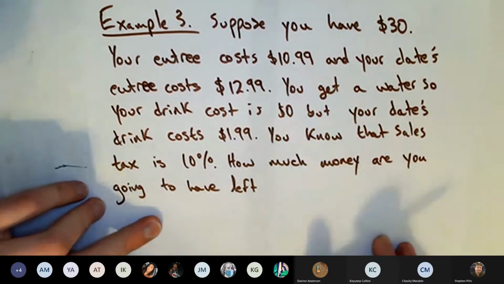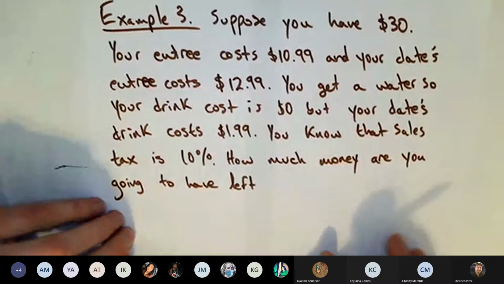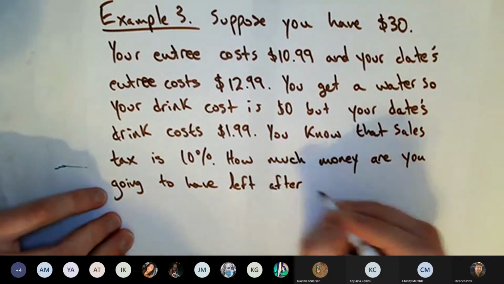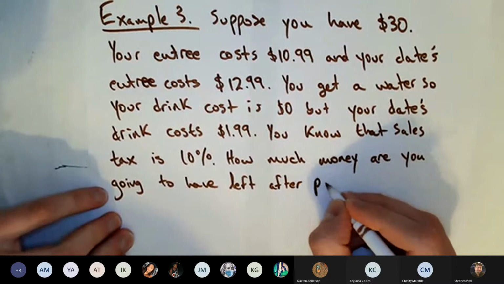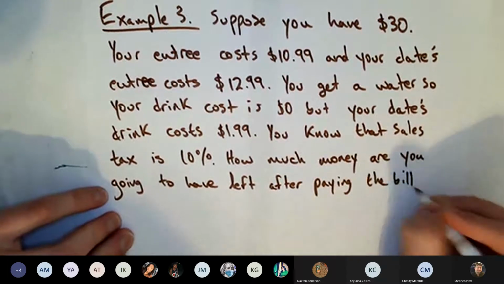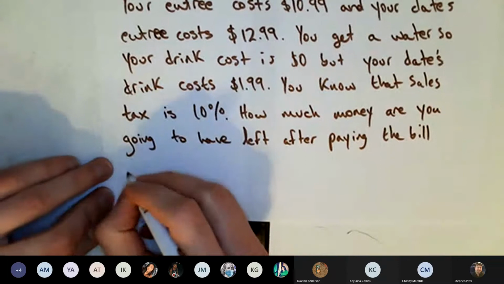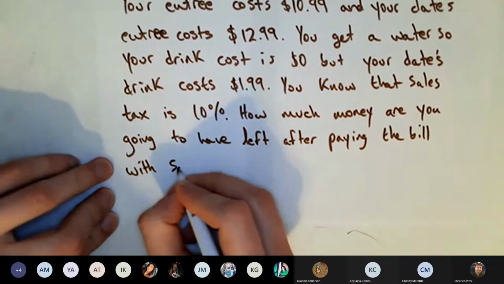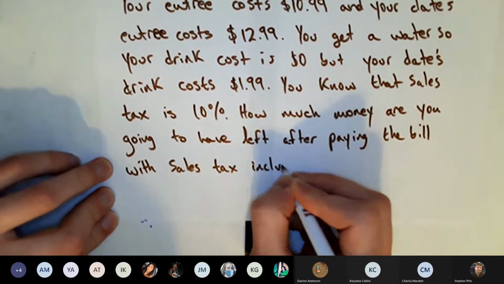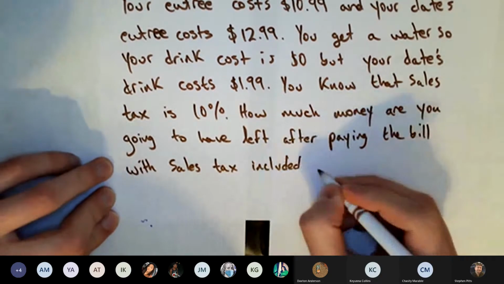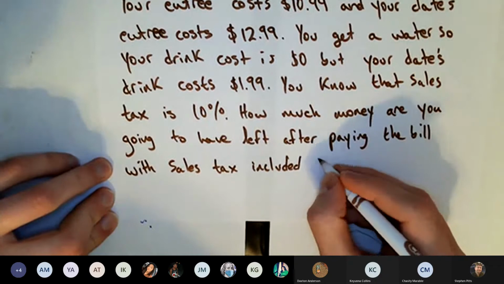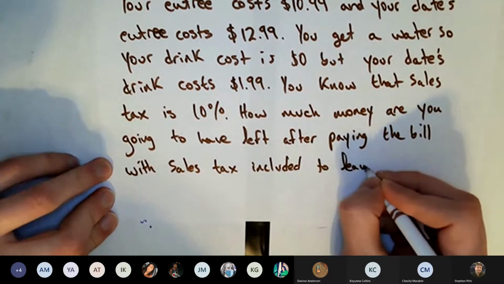So we're assuming you're paying for the bill, right? How much money are you going to have left after paying the bill with sales tax included to leave as a tip?